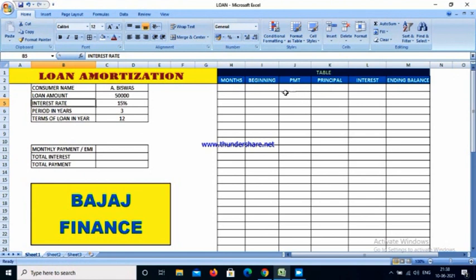PMT is always known as the actual EMI amount. The PMT formula helps to find out the original EMI amount. Next is the principal amount column, next is the interest amount column, and last the closing or ending balance students. After payment of the first EMI, what will be your ending balance? It will be shown here students.